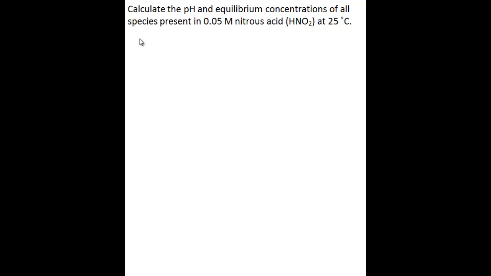So in this case, the species initially present are nitrous acid and water. And their acid-base properties are that nitrous acid is an acid and that water can act as either an acid or a base.